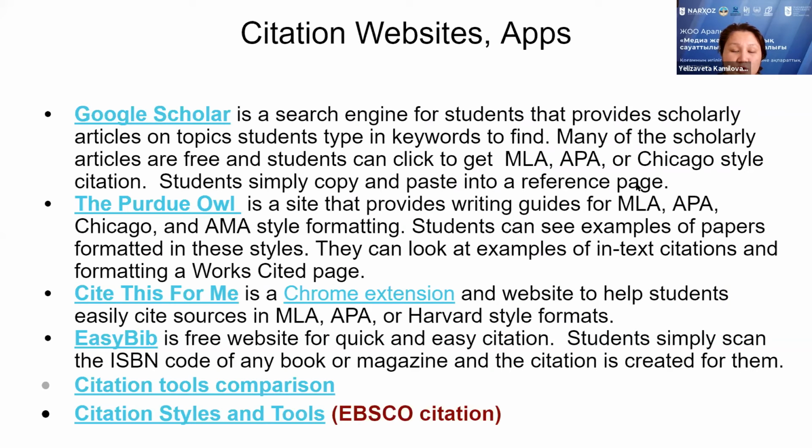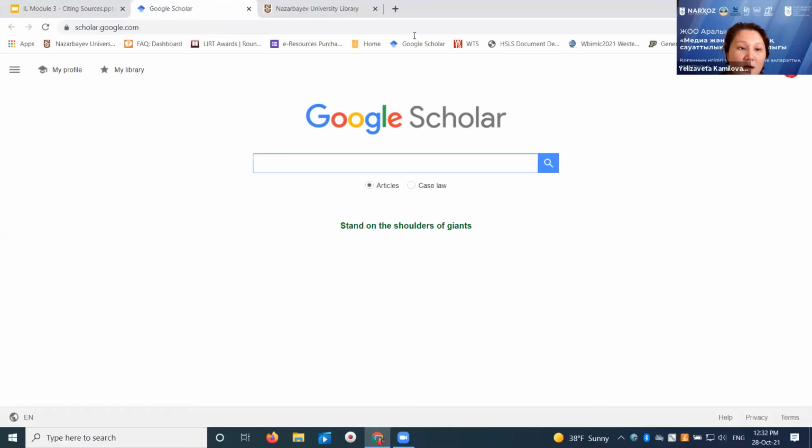Here, I would like to show you some websites that can be used in order to make easier the citation process. The first example is Google Scholar. Let's move to Google Scholar. I believe most of you use it already. And please remember that any library information is indexed within Google Scholar.